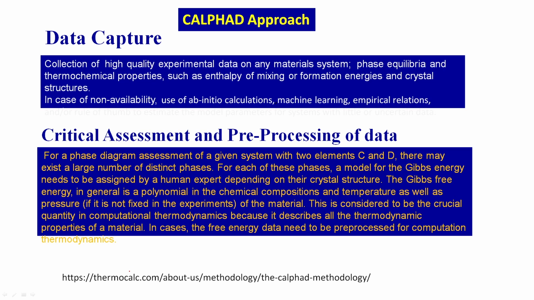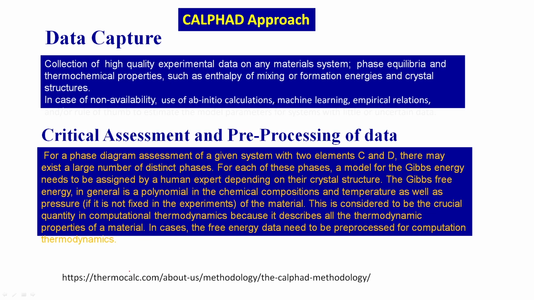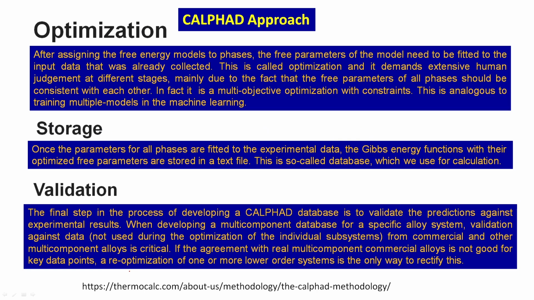As I told you, CALPHAD has 4 or 5 different aspects: data capture, critical assessment, preprocessing of data, and optimization, storage and validation. Obviously everything is important, but the most important ones out of these are capture, assessment and optimization. Okay. Then storage and validation can be done much more easily.